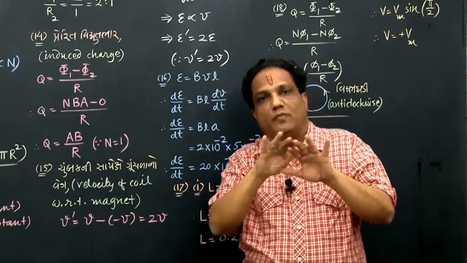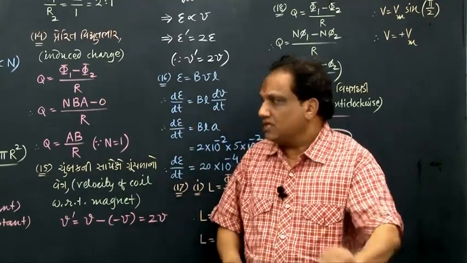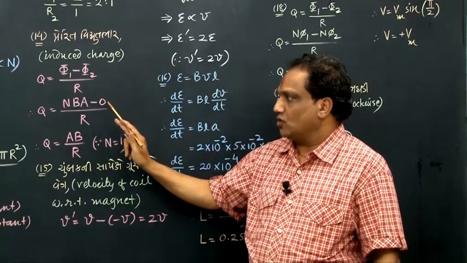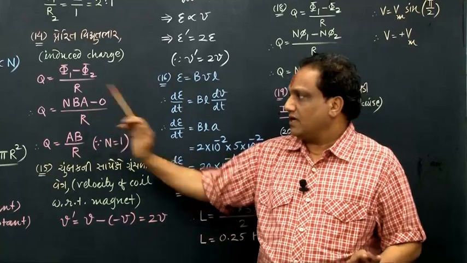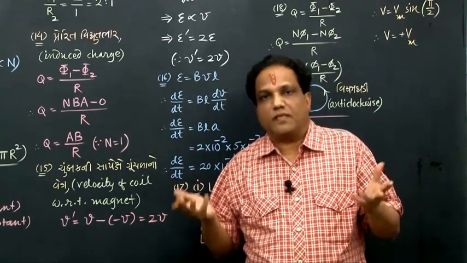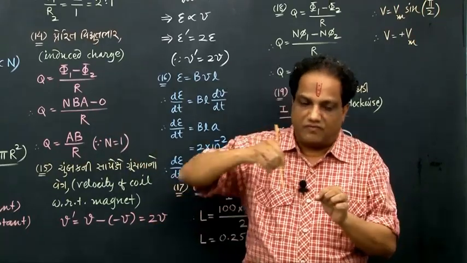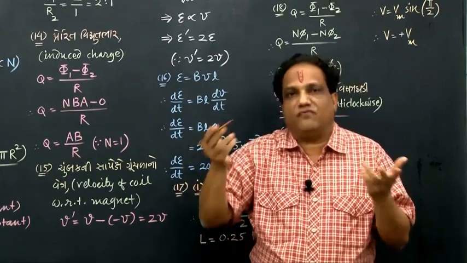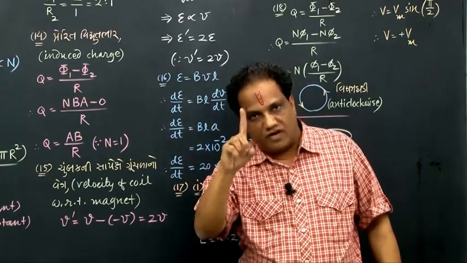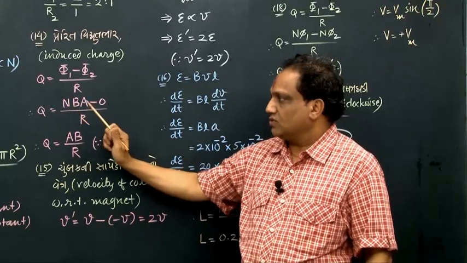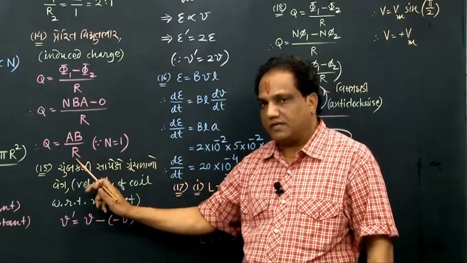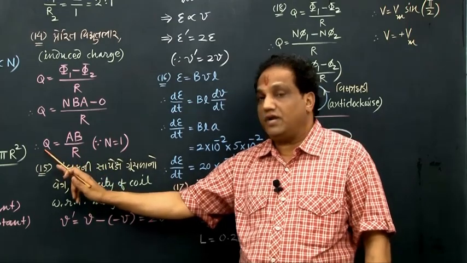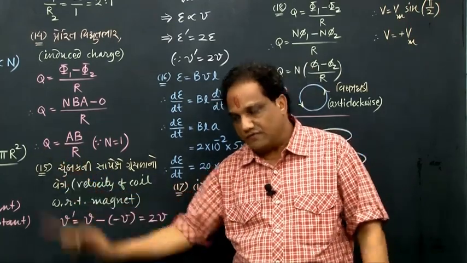No area, no magnetic flux can be associated. So the final magnetic flux is 0 upon R as it is. And what is this capital N? Total number of turns. They have not given the number of turns, they have given a single ring only, so we should take the number of turns as 1. Put N equal to 1, so it is now A into B upon R. This is giving you the induced charge.